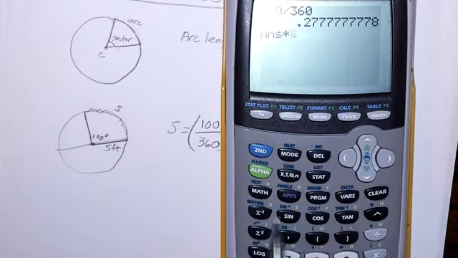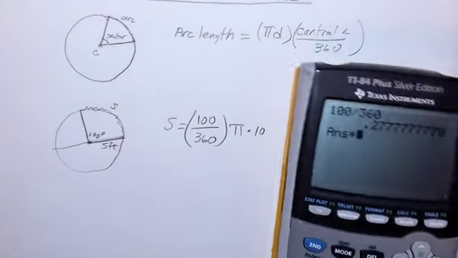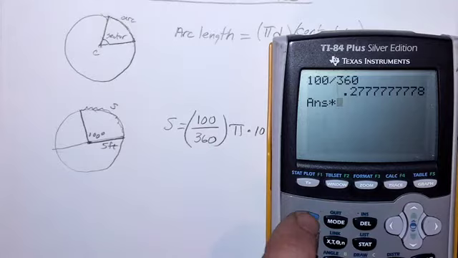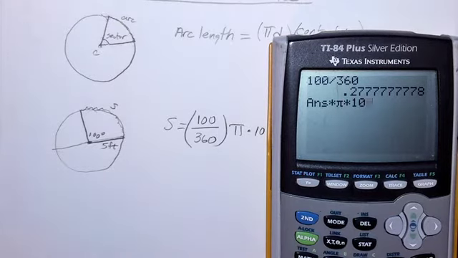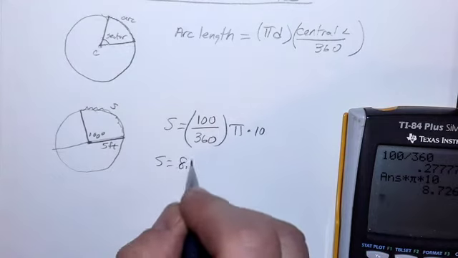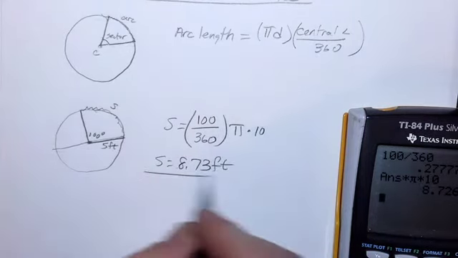On lots of calculators, there's an actual button that uses pi, and it gives you the exact value. And so I'm going to use that. I'm just going to go second pi, and then times the diameter, which was 10. And I get 8.73. And since that was in feet, that's what this is going to be.